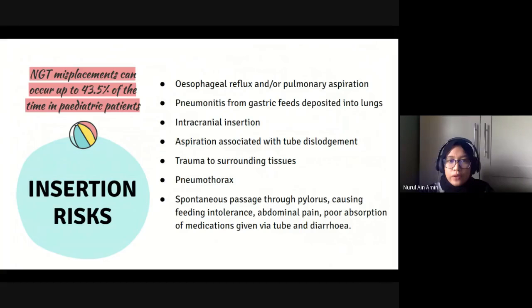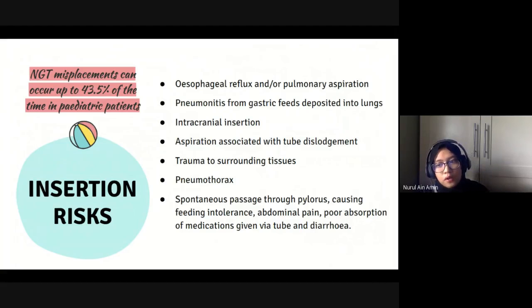And we can also have aspiration associated with tube disgorgement. And then we can have trauma to the surrounding tissue. We can have pneumothorax, and we can even have spontaneous passage through the pylorus, for example, if we inserted it too much, so it can cause feeding intolerance, abdominal pain, absorption of medications via the tube, and diarrhea, and even severe complications.